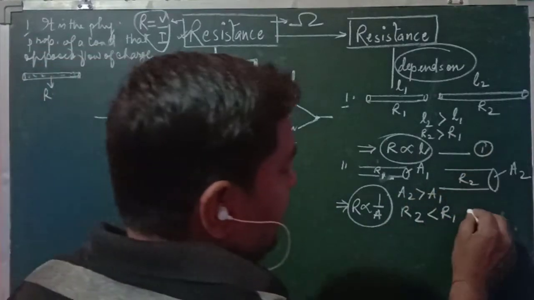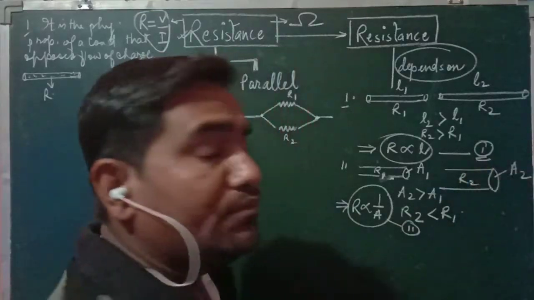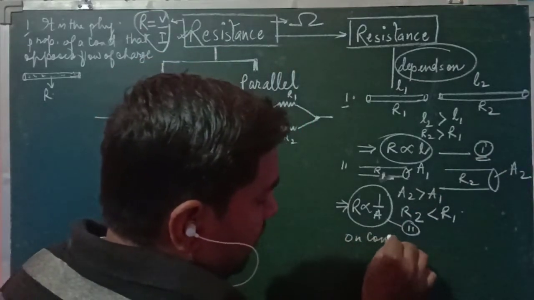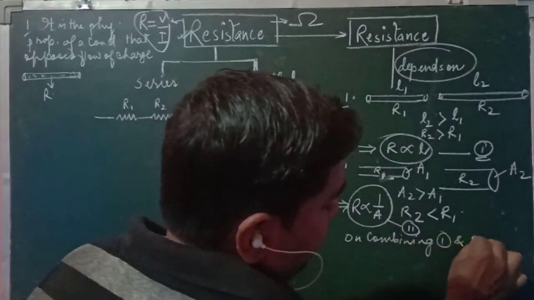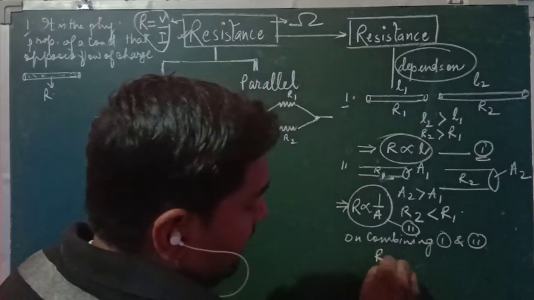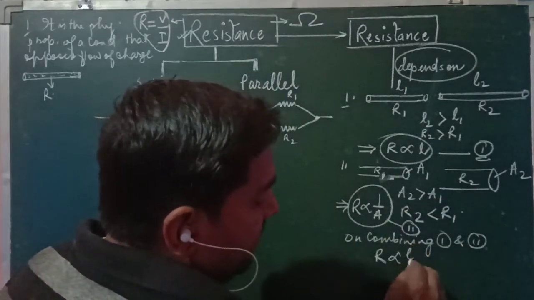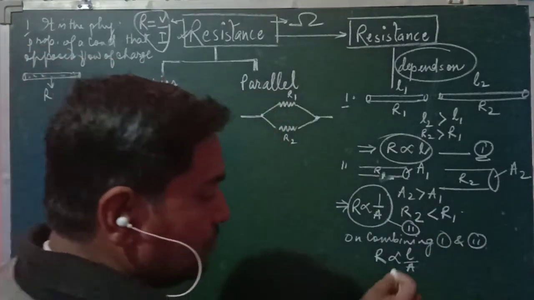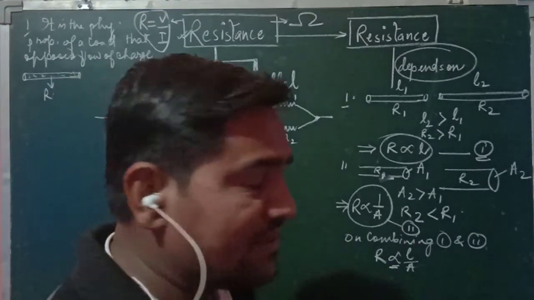So let that be equation number 2, and here this is equation number 1. So on combining first and second, students, resistance is directly proportional to L by A. Remember, L by A. So this is the direct proportion, means proportional sign is there.